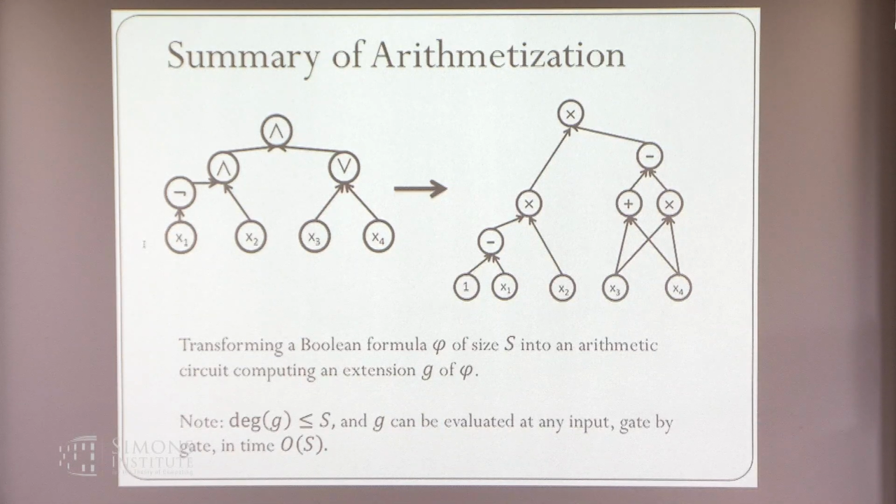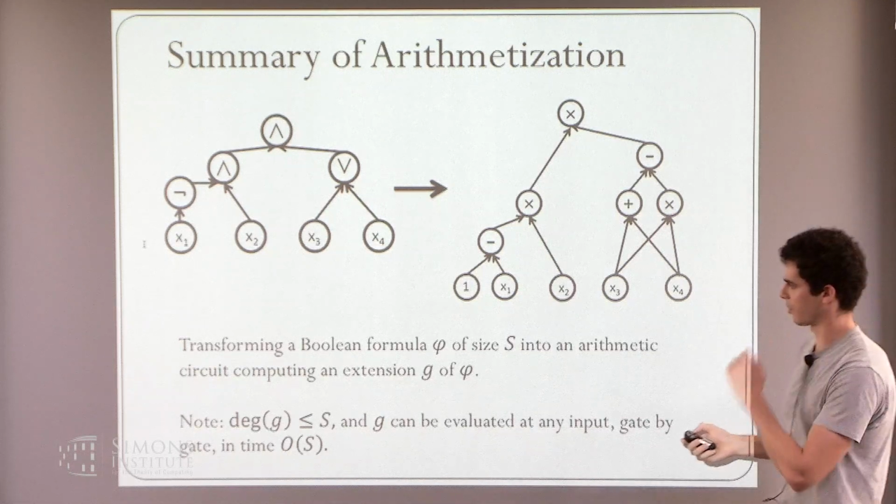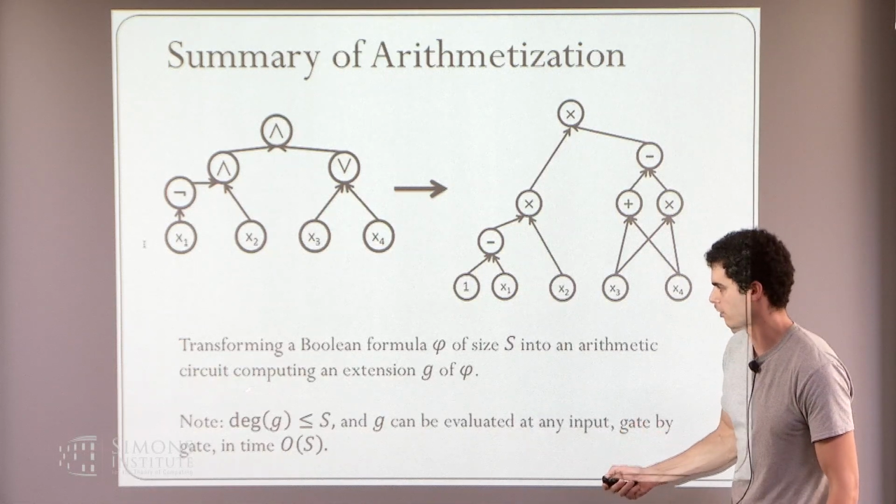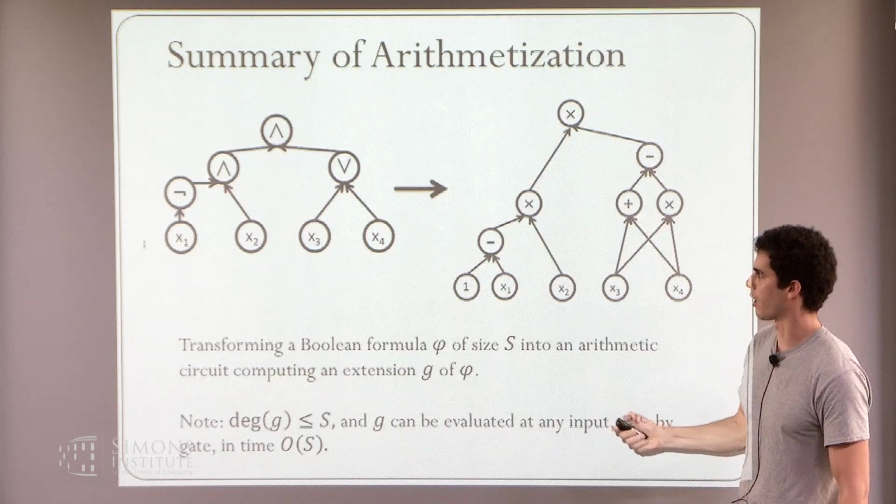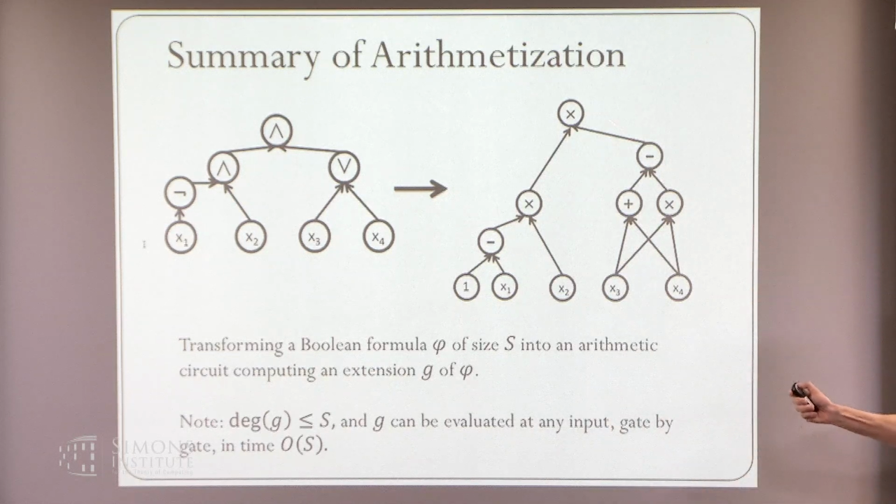And yeah, I guess I can say a little bit about this fact. If the formula has size s, the degree of the polynomial computed by this circuit is at most s. And that's true basically because we use multilinear extensions here. For each gate in this circuit, like this AND gate is the product of two inputs.